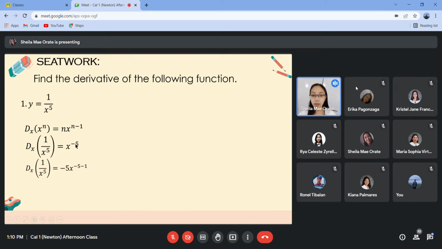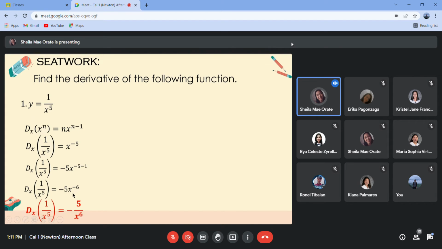So, bring down negative 5, then subtract 1 from our exponent. We have negative 5x raised to the power of negative 5 minus 1. So, we have here negative 5x raised to the power of negative 6. And we transfer our variable with a negative exponent to the denominator. So, our final answer is negative 5 over x raised to the power of 6.